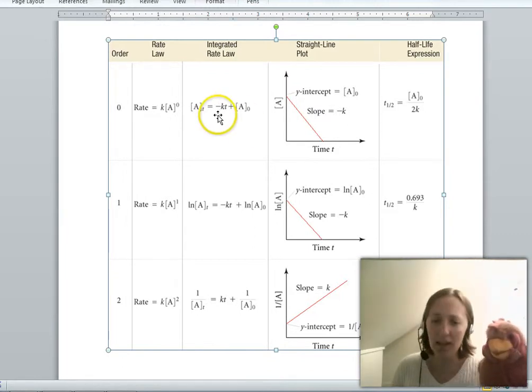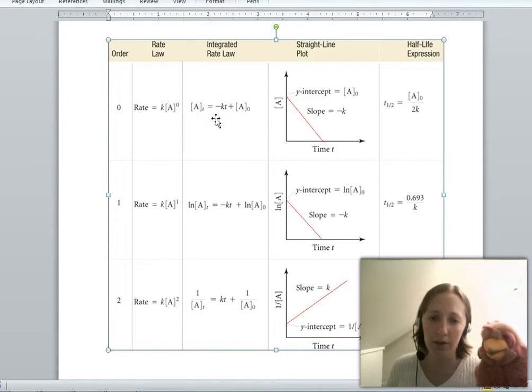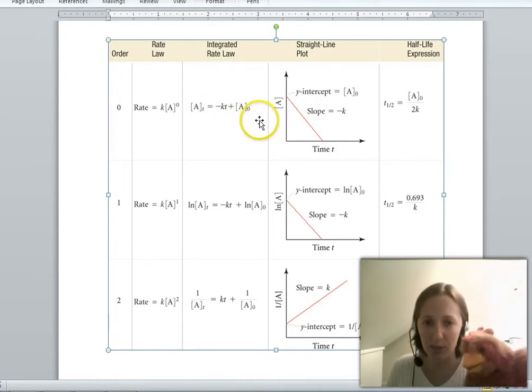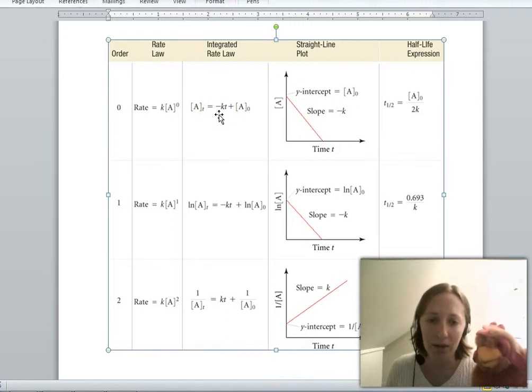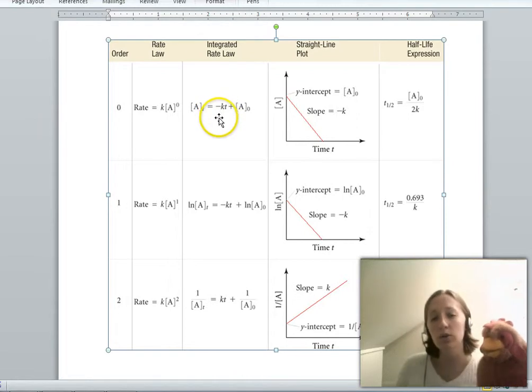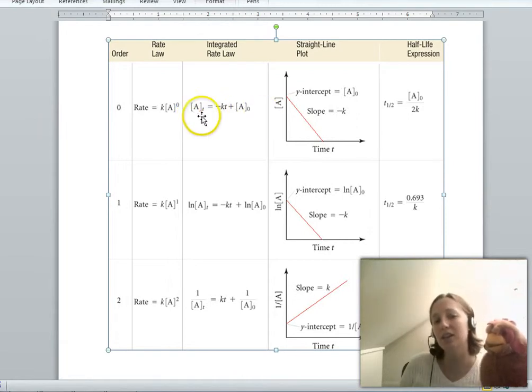And so what you remember about y equals mx plus b is that m is the slope. And so what we can see here is that m is negative k. And so if you take this data, you can graph it and figure out your slope, and that is the negative of your rate constant, which is actually really helpful, because then you could take that rate constant and plug it in here.